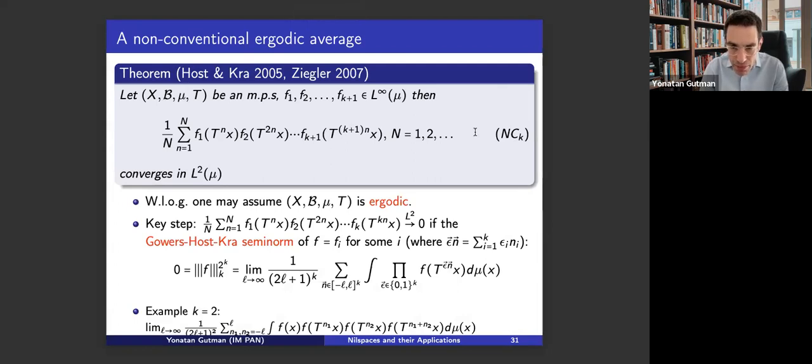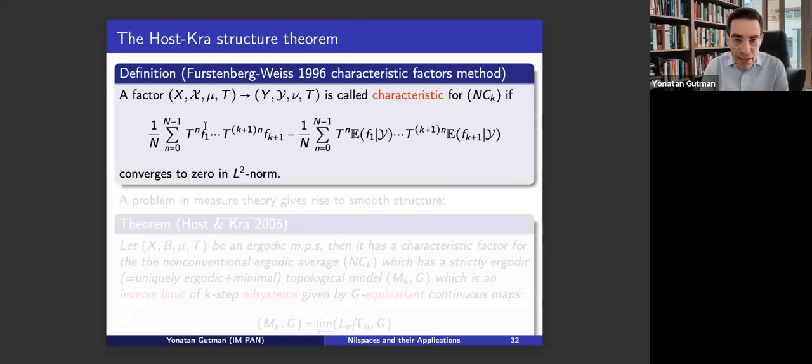Maybe I should say something about notation. The NC_k is the one where we write up to k plus 1. In this subject, as we have already seen, there is a shift by 1, and one should always remember this. It's quite confusing.